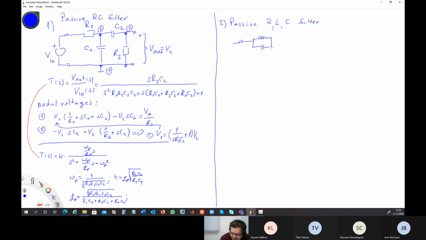We have to write them, and then we will compare what is going on. L, C1, C2, R.